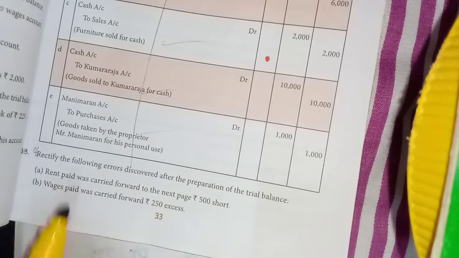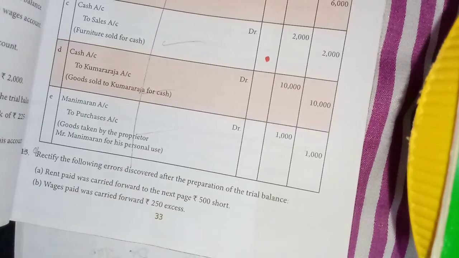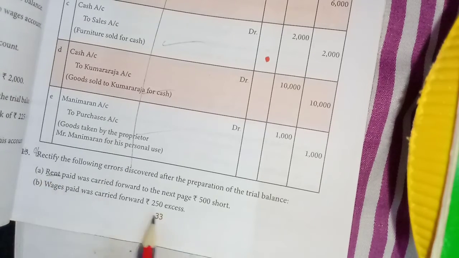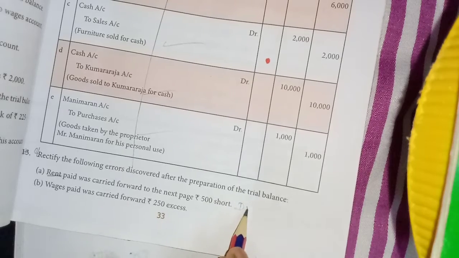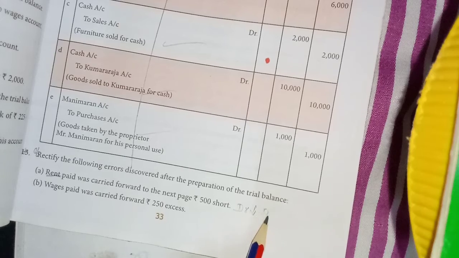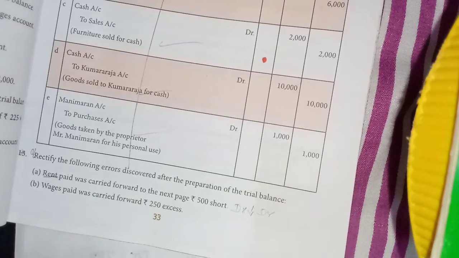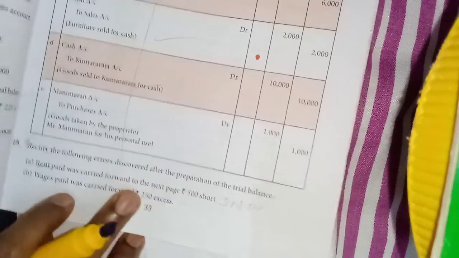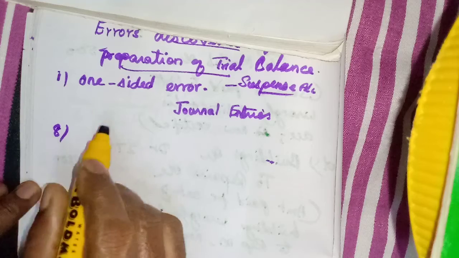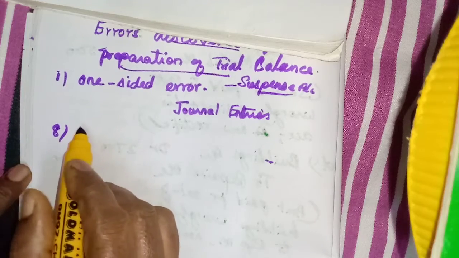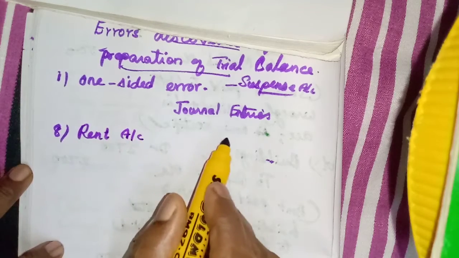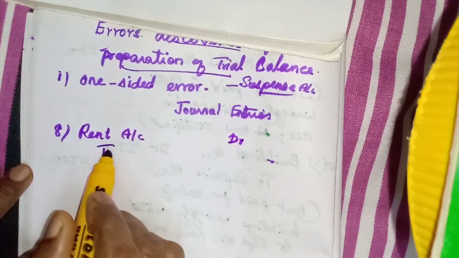Here, rent is an expense, isn't it? That shows which balance? Debit balance. Debit is short, less. If debit is less, again we need to debit. So what should be credited? Suspense account should be credited. So we have to write this in rectifying entry form. So rent account debtor to suspense account.